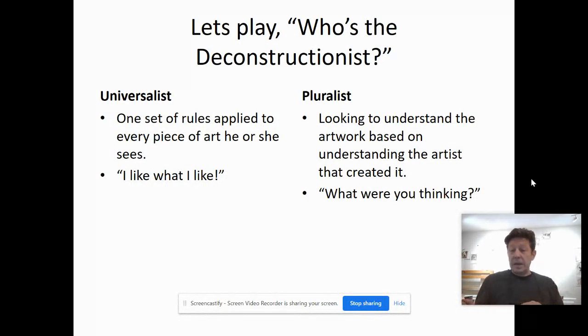So they look at it and they decide if they like it based on what they know they value already. Whereas a pluralist would say, I need to know more about why this person made this quilt in order to understand whether they were successful in what they were trying to do. So they take many perspectives in order to come to a value judgment about things like art.